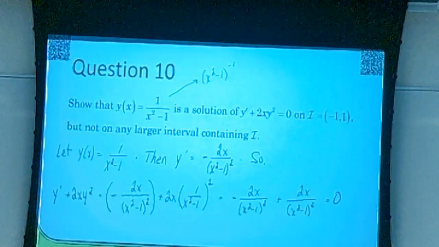So negative 2x over x squared minus 1 all squared. You could use the quotient rule as well. It would work. Just not really necessary.